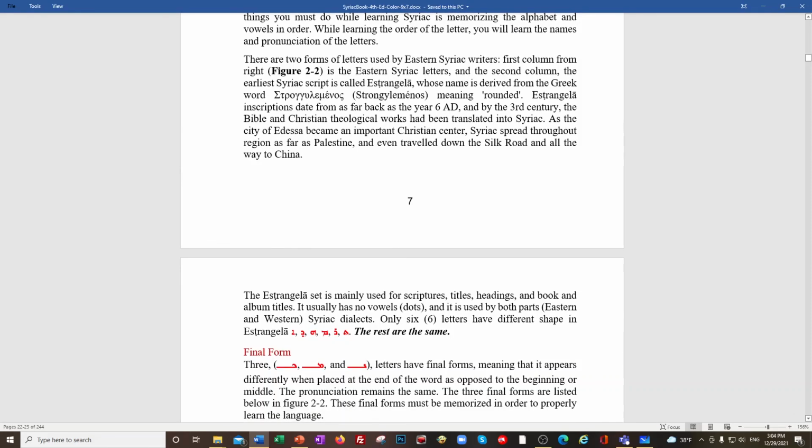There are 2 types, as I mentioned before, used by Syriac Eastern Dialect writers. The first column from the right, figure 2.2, the one we're going to cover, is the Eastern Syriac letter, and the second column is the earlier Syriac script, called Esṭrangelā, whose name is derived from the Greek word Eστραγγέλος.